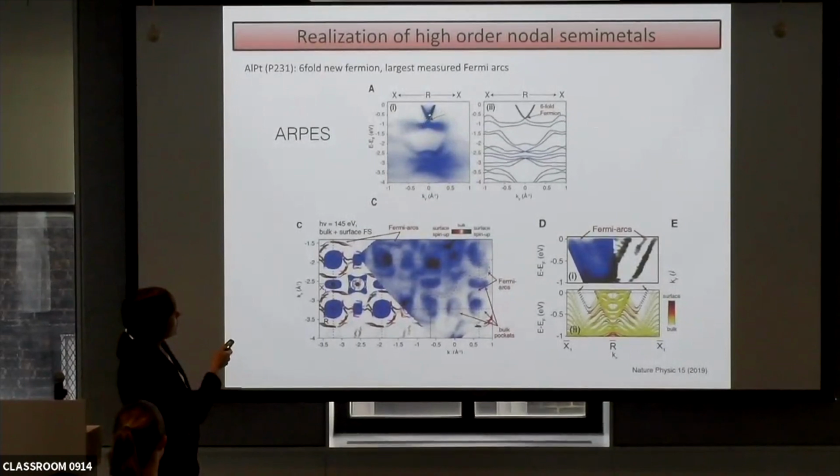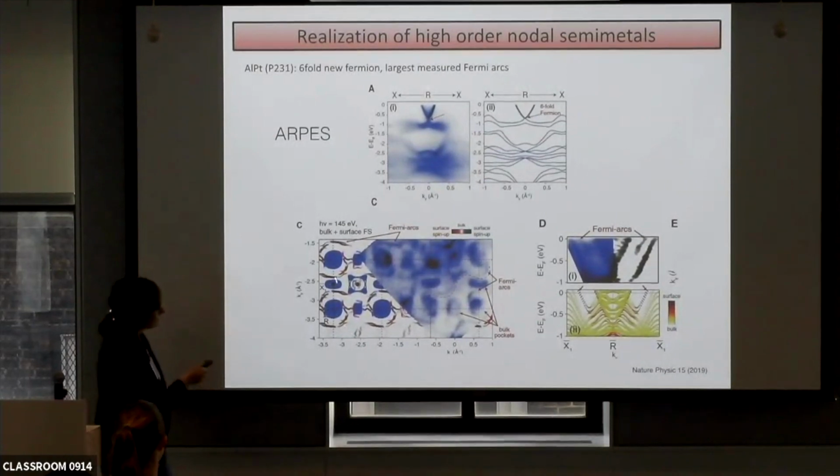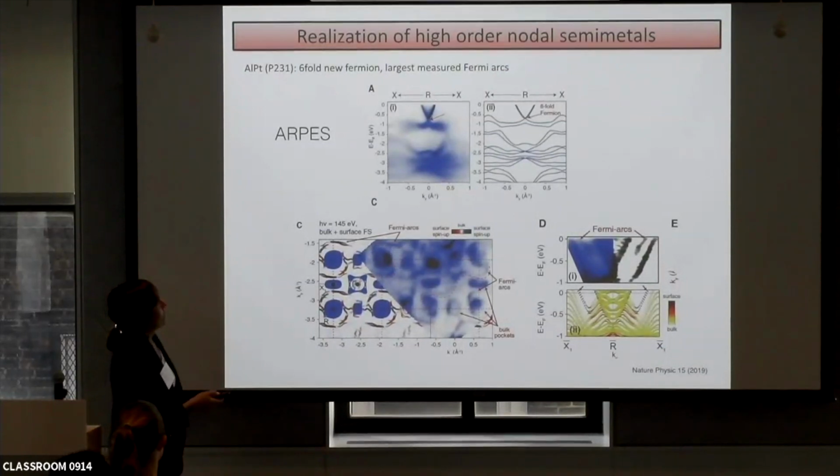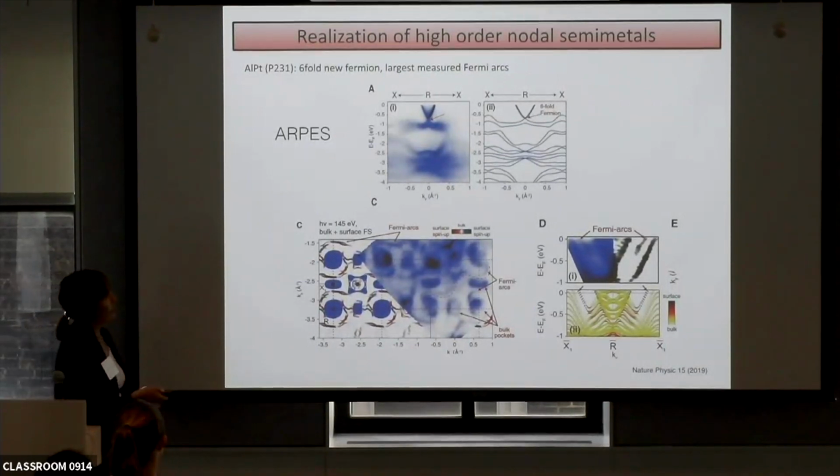So here we have a sixfold crossing that was predicted by DFT calculations. And then if we look at the surface states, here we have the DFT calculations and here the experimental data. We can see the double Fermi arcs going from gamma to R that are reproduced here in the experimental data. So we were actually very happy with this experiment.